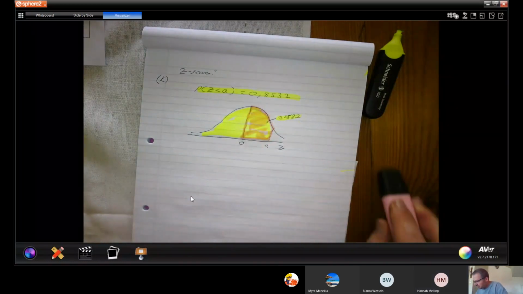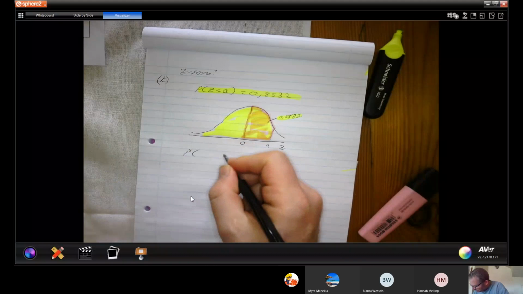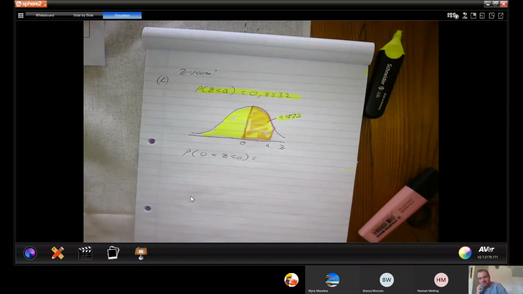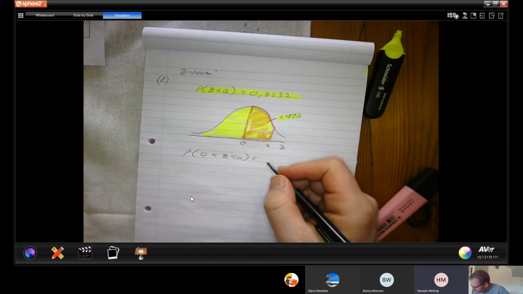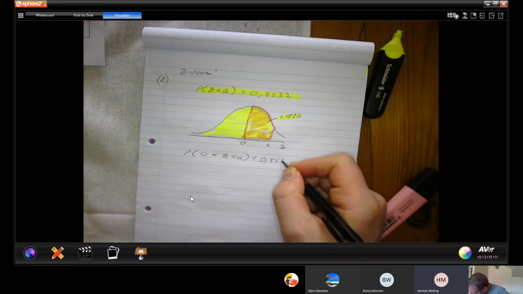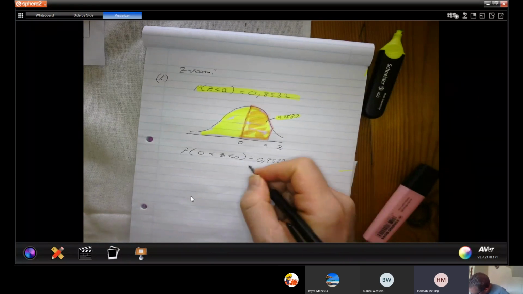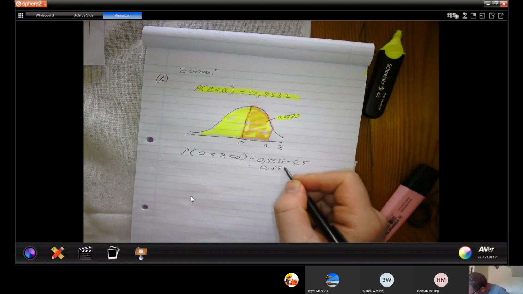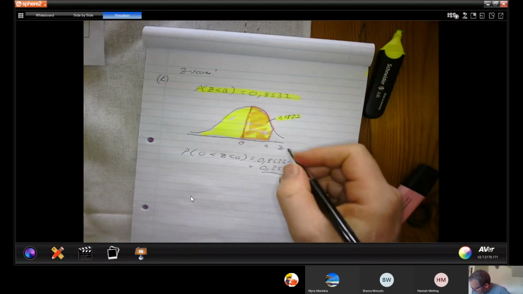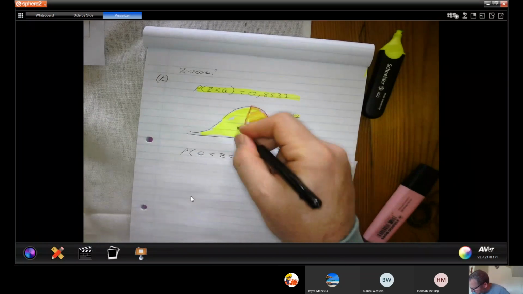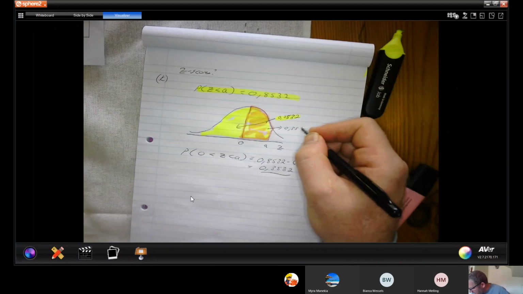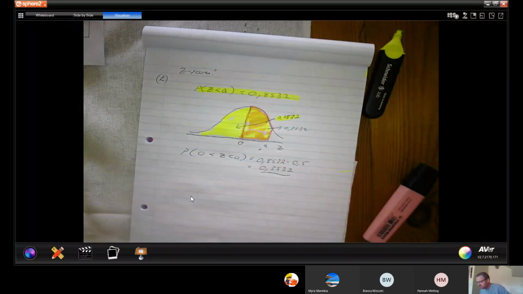Which we could describe as the probability that Z is bigger than 0 and less than A. How am I going to figure out the area under the curve where the pink region is? 0.8532 minus 0.5. Well done. Which is going to be 0.3532. So the whole pink region is 0.3532. And remember, A is going to be positive in this case.